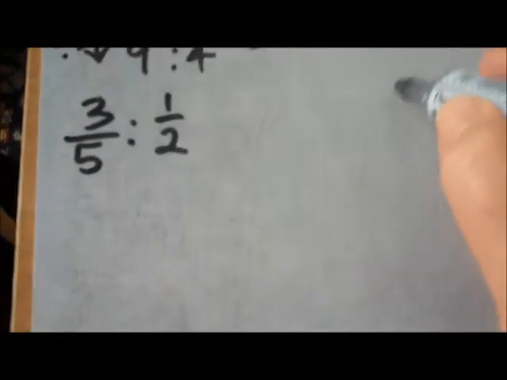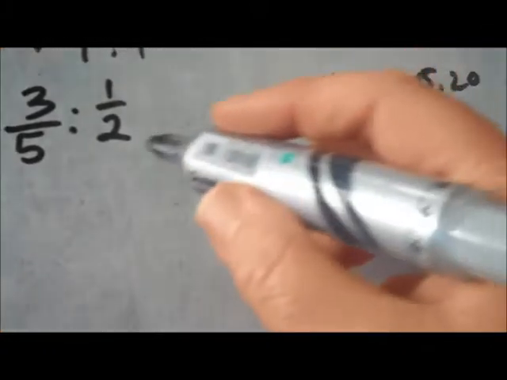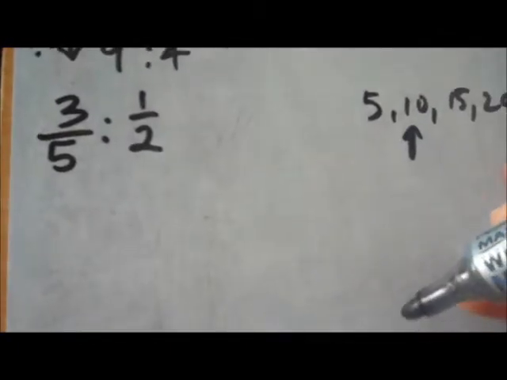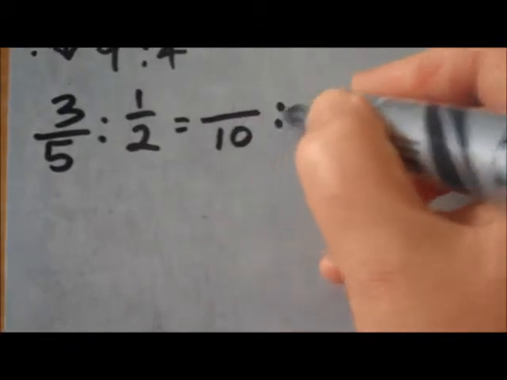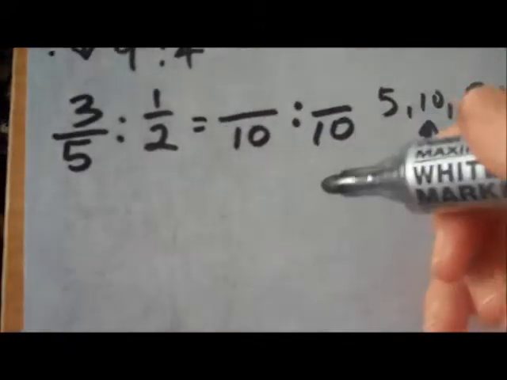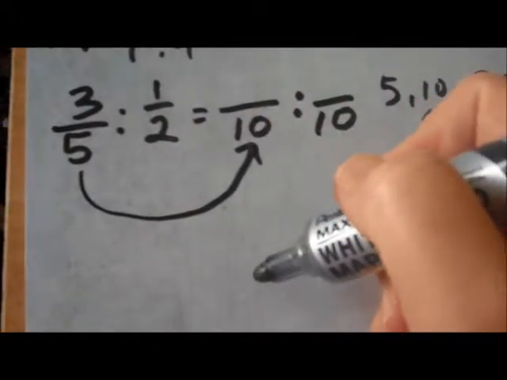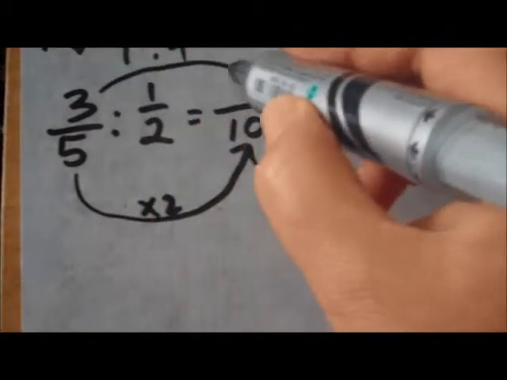So when I write down my multiples of 5, 5, 10, 15, 20, the first one that both of these numbers go into is 10. So I'm going to say that that equals something out of 10, something out of 10. So how did I go from this 5 to this 10? I doubled it. So I must do exactly the same here.